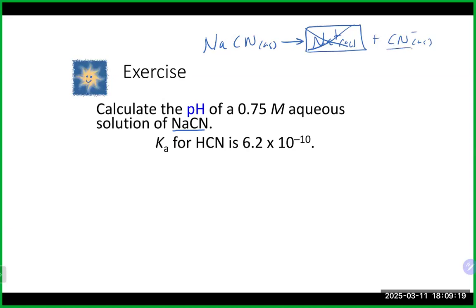How about the CN minus? CN minus will, because some of the information given to you in this problem happens to be HCN. HCN is obviously a weak acid with a Ka value, which means the CN minus would be its conjugate base and be relatively strong. That is also how it's going to react with water in this case. It's going to act as a base. So that's where we want to start.